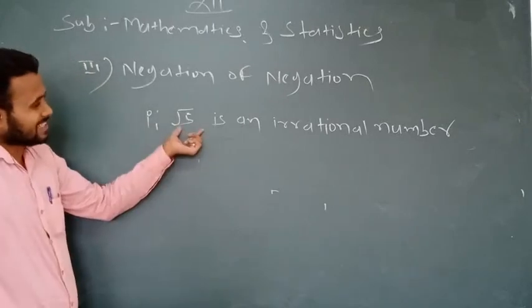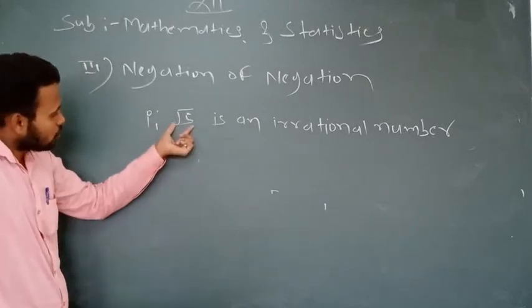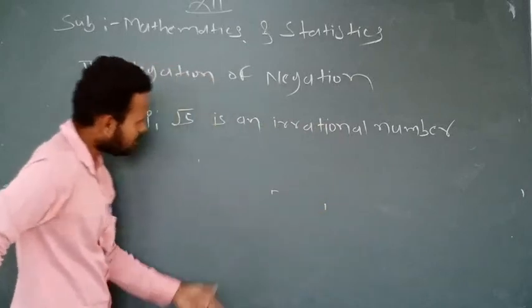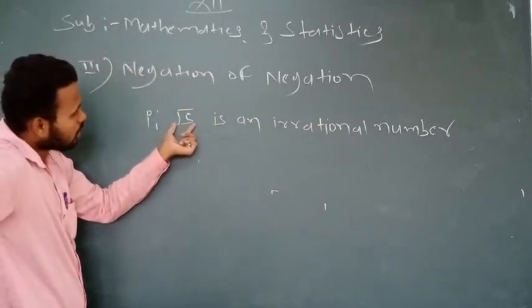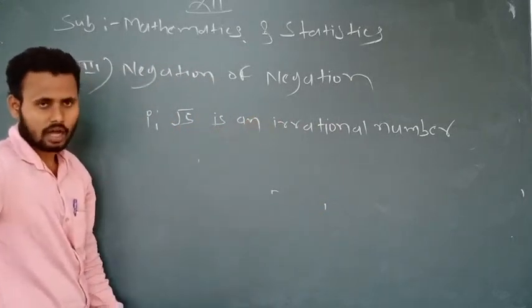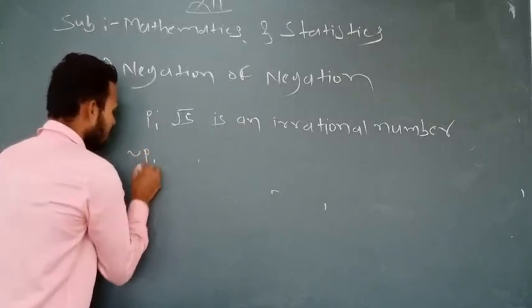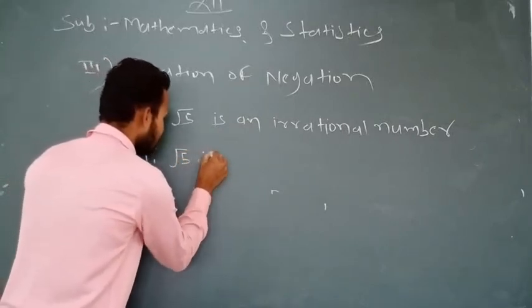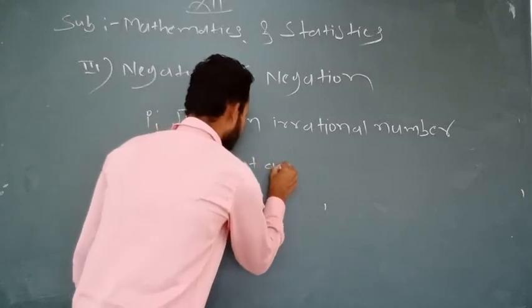Then what will be the negation of that statement? The square root of 5 is an irrational number, therefore its negation is: the square root of 5 is not an irrational number. This is the first negation, the negation of P.